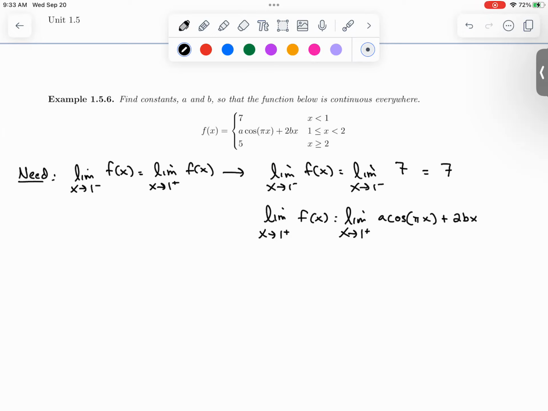So this becomes a cosine of pi times 1, which would just be cosine of pi, plus 2b times 1, which would just be 2b. Or more aptly, negative a plus 2b. And so we need these two things equal, in order for the limit to exist, right?